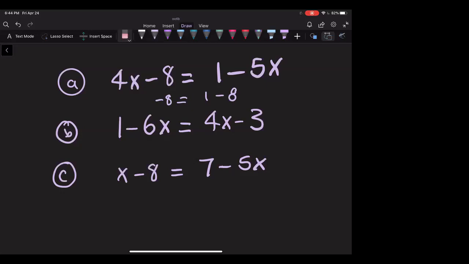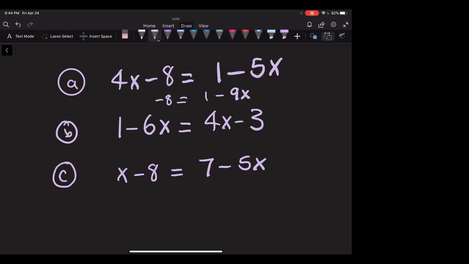What's 5 plus 4? Oh, it's 9. Sorry. 9x. There you go. Negative 9x, right? Yes. And it's a negative 8 on the left side? Yes.